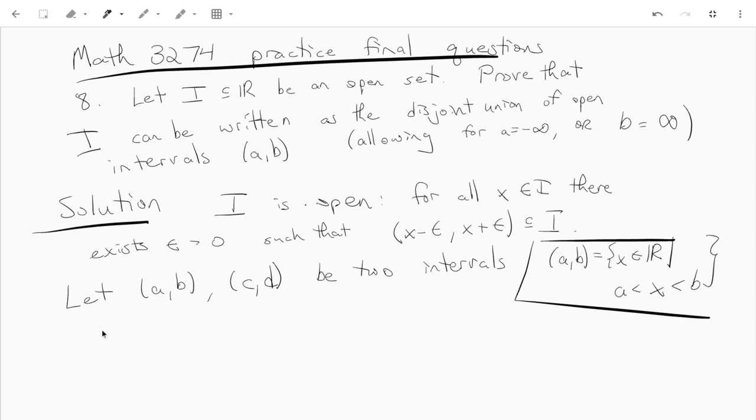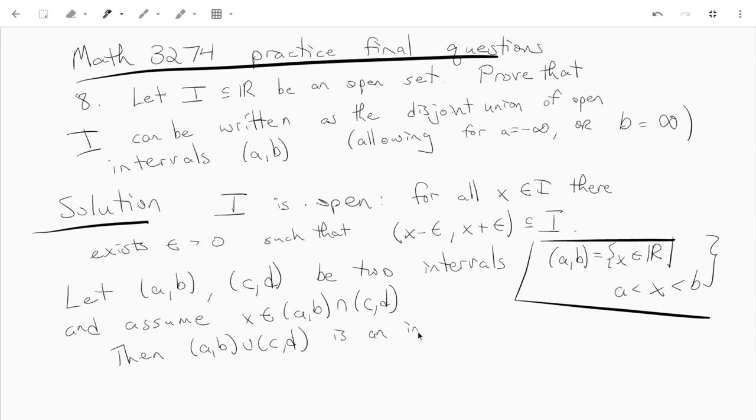So let's take two intervals and assume x is in (a,b) intersect (c,d), and then the union of the two intervals is an interval. You can prove this if you want, but let's draw a picture.